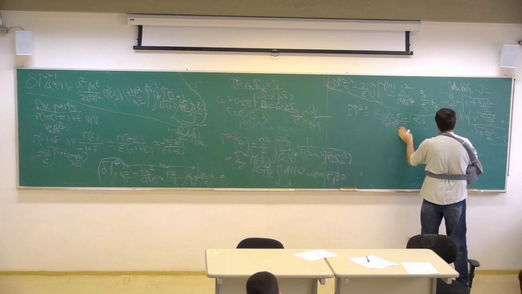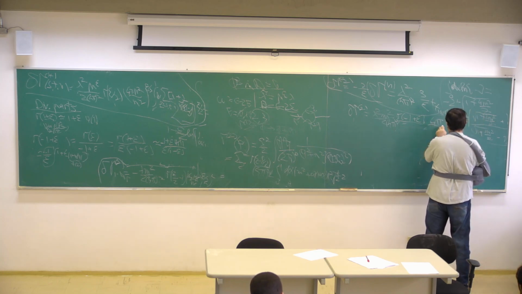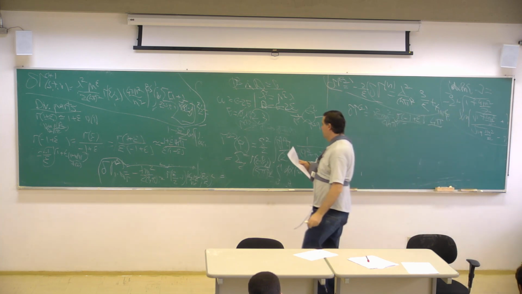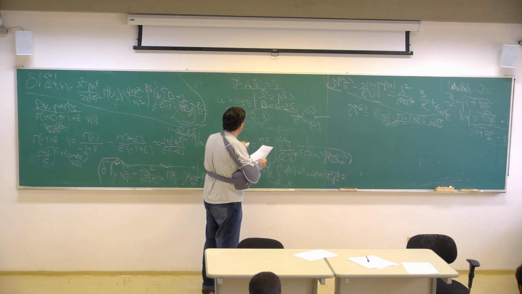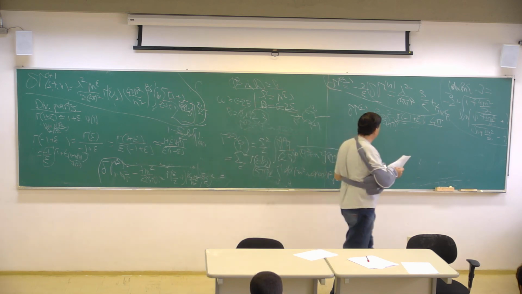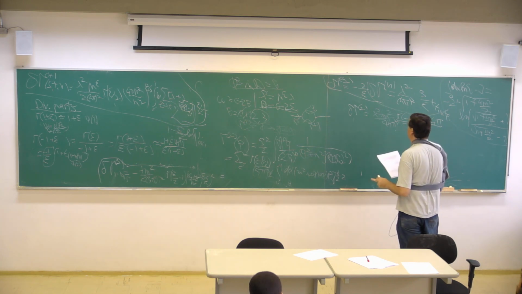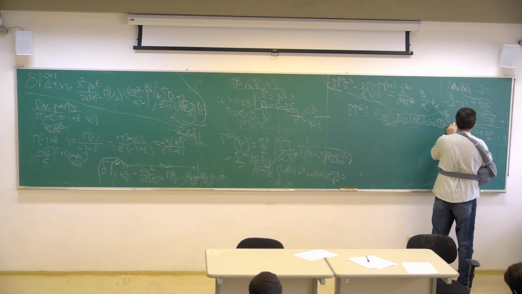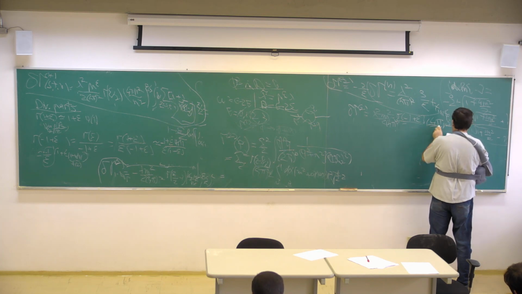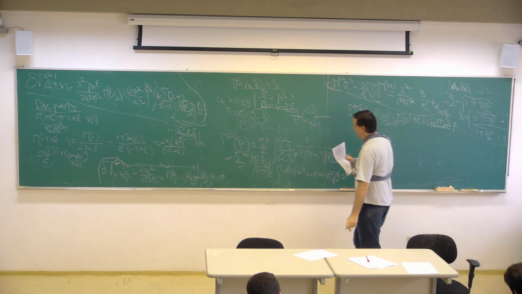But more precisely, I can put this 4 pi upstairs, and then lambda tilde squared had the mu to the epsilon, so I have mu to the 2 epsilon. So mu squared as well.